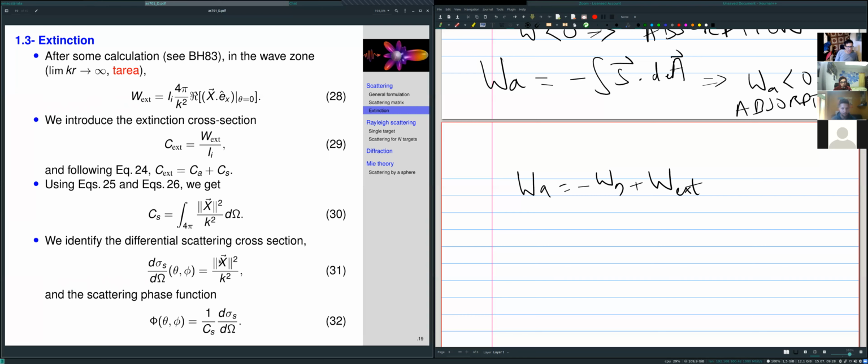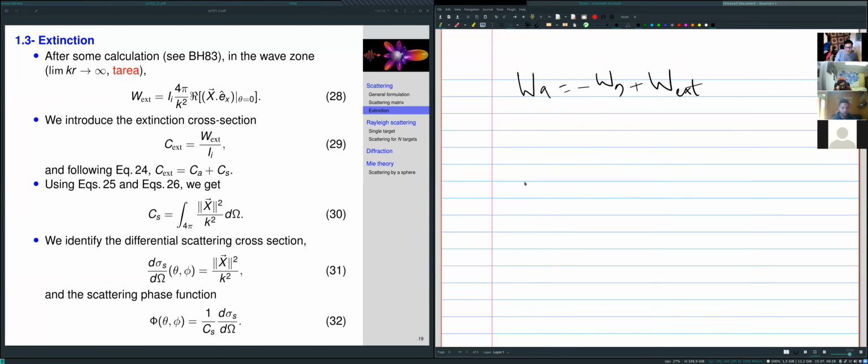We can calculate the flux of the Poynting vector through a sphere of radius r. So Wx would be the integral of S dot dA through a sphere of radius r. Let me write down the area of the sphere.